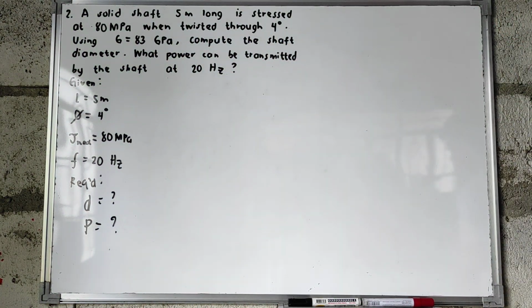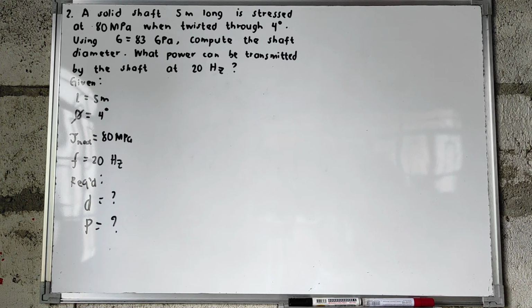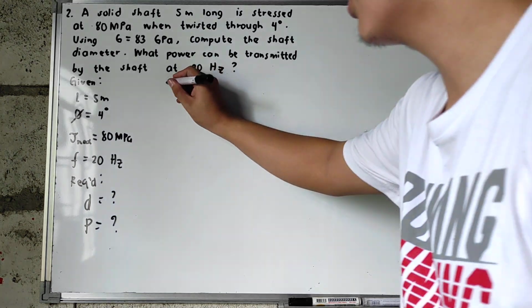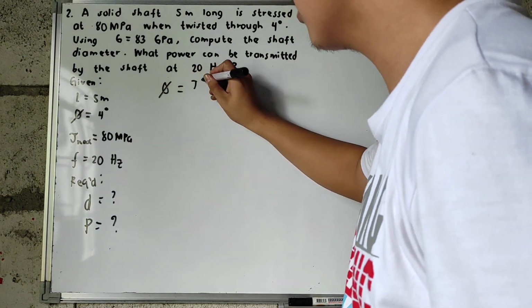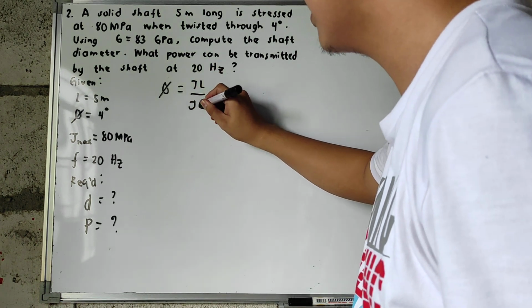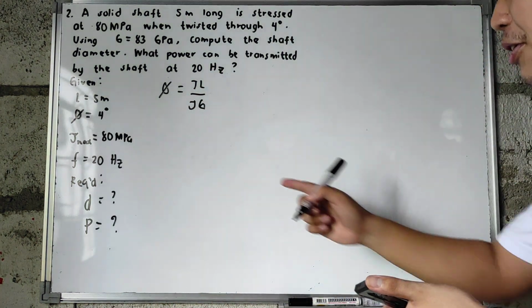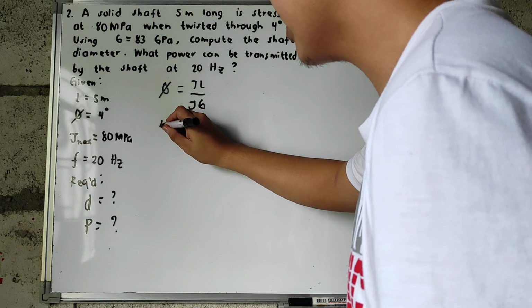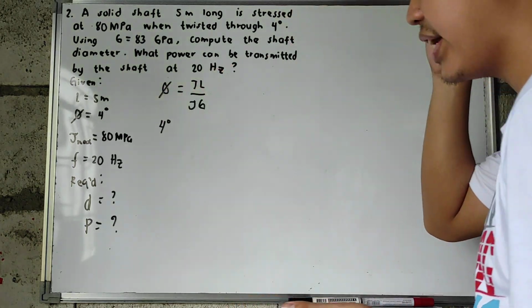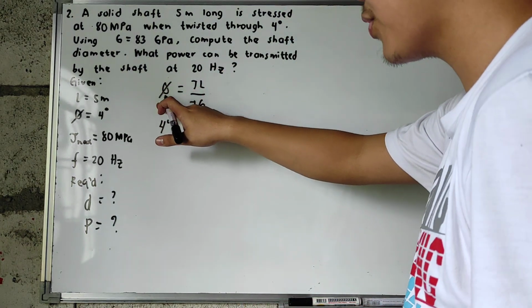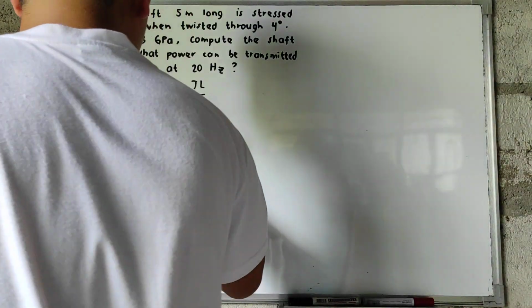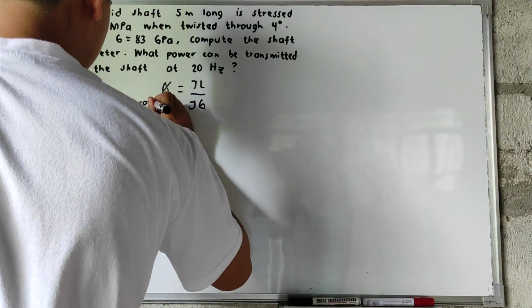In computing for the angle of twist, that is equal to TL over JG. The angle of twist must be in terms of radians, so when using this formula it should always be in radians.